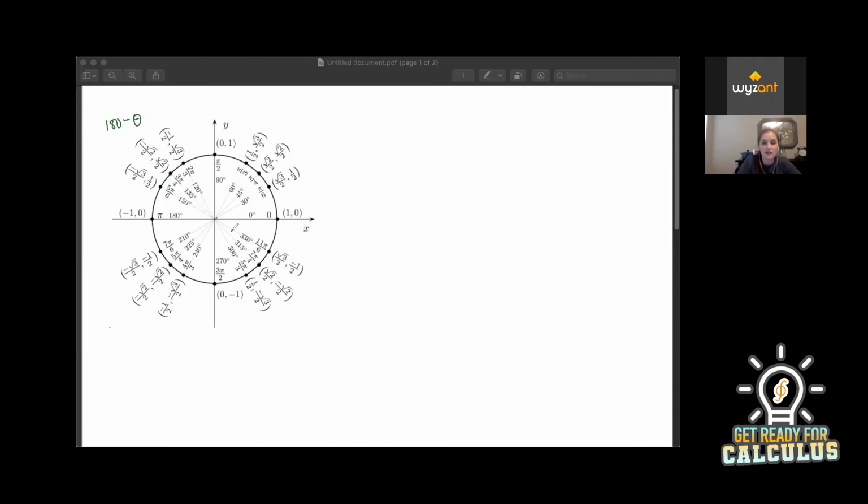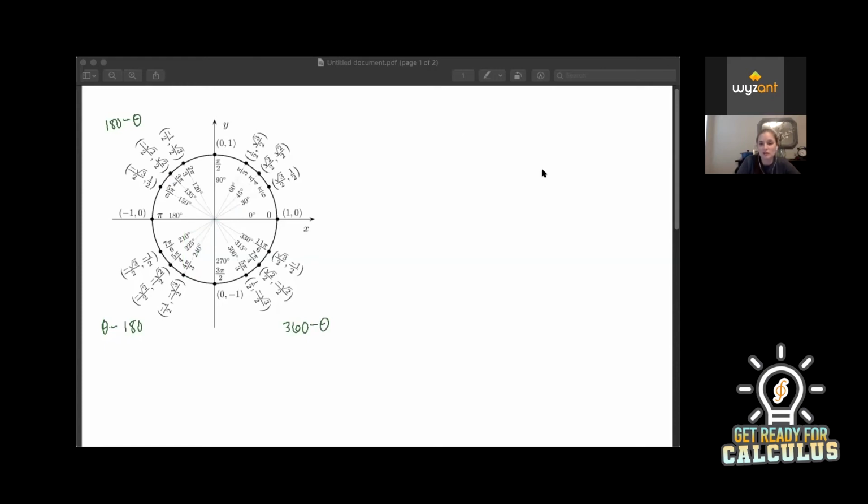If you're in the third quadrant, your reference angle is also still with the x-axis, but now it's going to be whatever your theta is minus 180. If you're in the fourth quadrant, same kind of principle. It's just going to be 360 minus the theta that you're at. These are all assuming degrees.